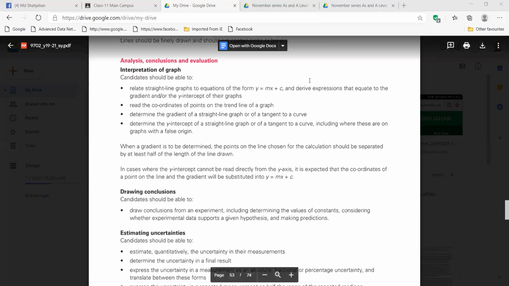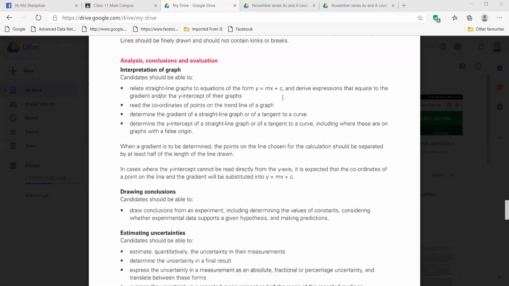Is it clear to you now? Yes. Can you tell anyone, please repeat what I told you? What is y-intercept? The y-intercept is a point where the line crosses the y-axis. Yeah, the straight line crosses or cuts the y-axis. Okay, that is y-intercept.